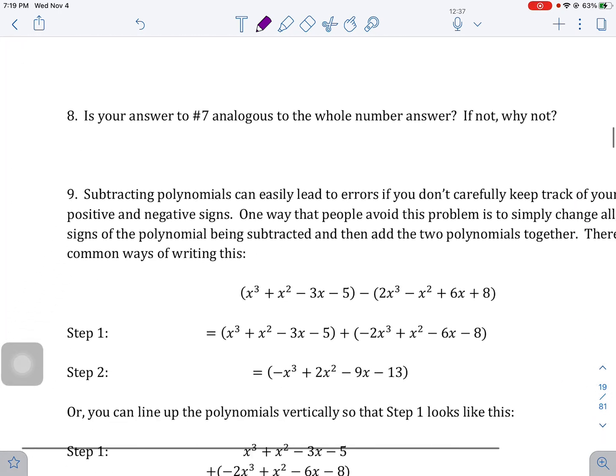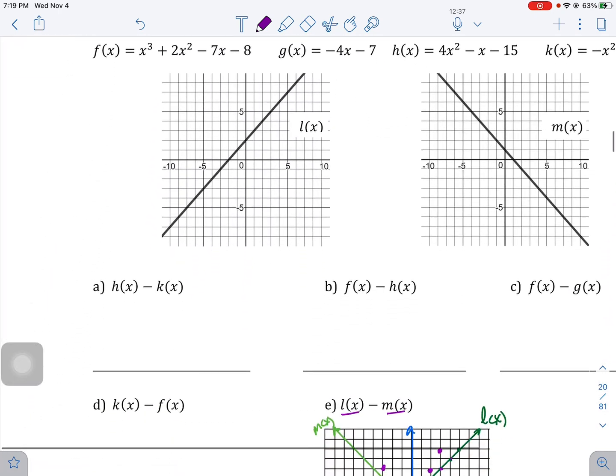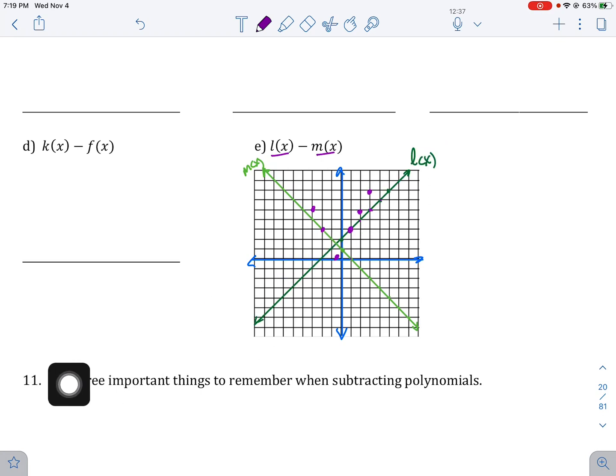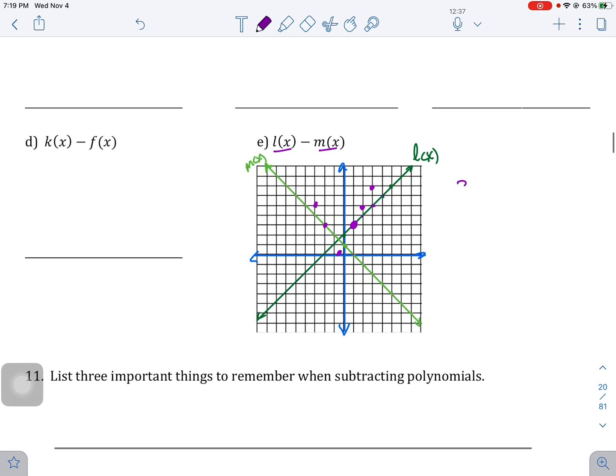And then the other thing is subtraction. And let's look at the graphical here. So this one is L of x minus m of x. So L of x is the darker one here. And I've already plotted some points. I've got one point at 3 and 0. So 3 minus 0 is still 3.